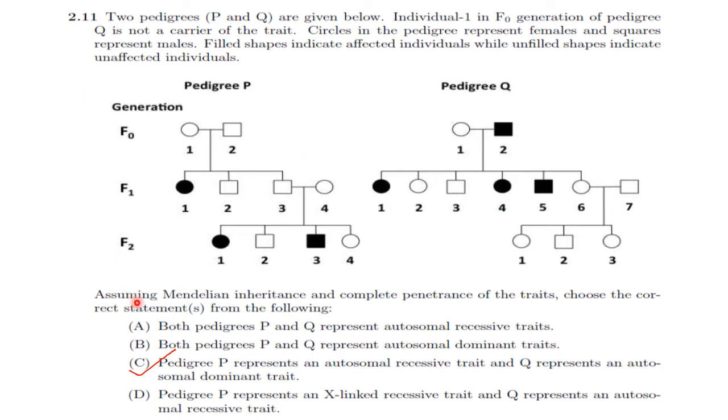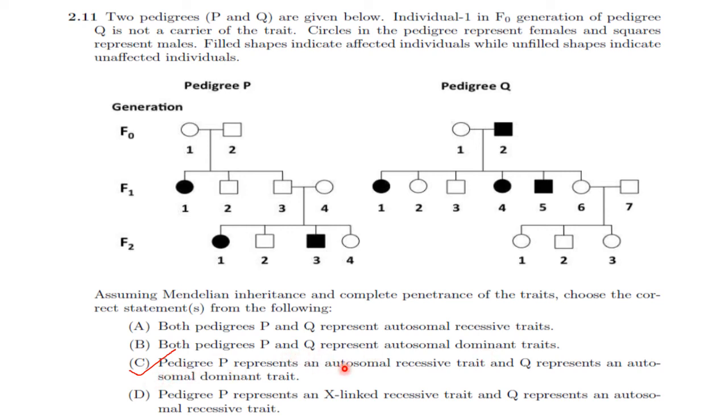Now we will see the options. Both pedigrees P and Q represent autosomal recessive trait? Now only P is having the autosomal recessive trait. Then, both pedigrees P and Q represent autosomal dominant traits? No, P and Q both don't represent autosomal dominant trait. Only Q represents autosomal dominant trait.